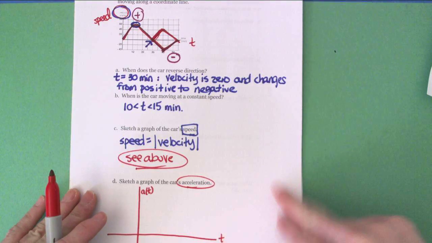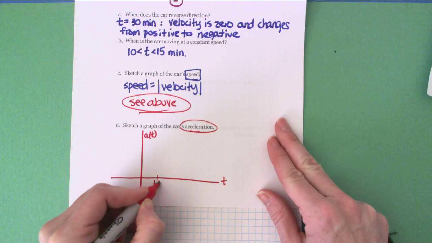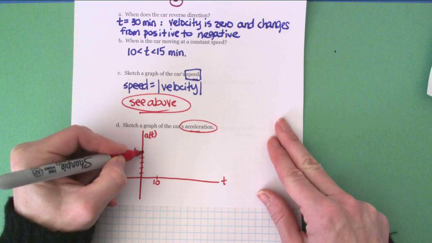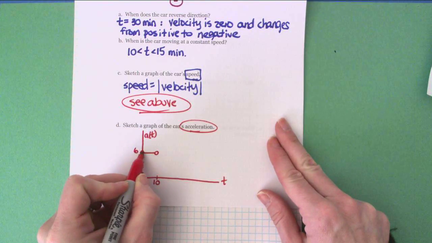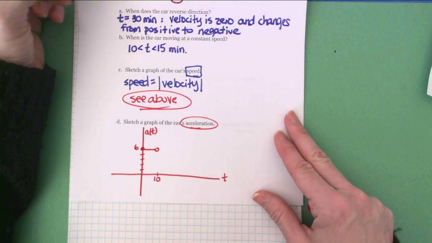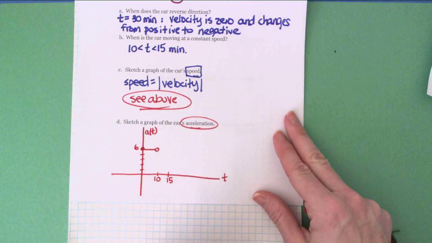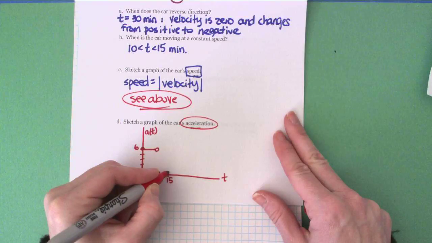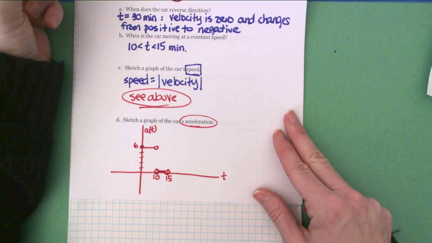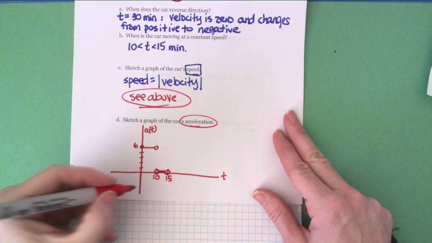So between, come down here, so between 0 and 10 minutes, my slope is positive 6. Then, between 10 and 15 minutes, my slope is 0. So between 10 and 15 minutes, my slopes are 0. Then, between 15 and 40 minutes, my slopes switch to negative 4.